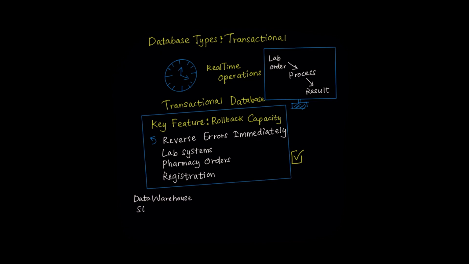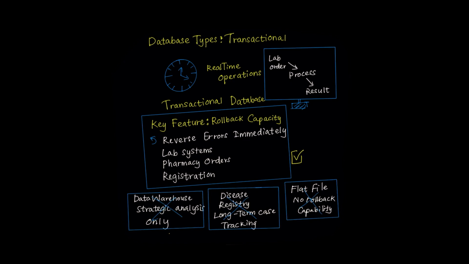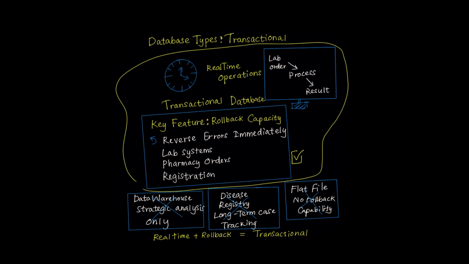They're designed for huge data storage from multiple organizations for strategic analysis, not for real-time operations. Disease registries track specific cases over long periods for public health reporting, not for immediate operational transactions. Flat file databases are simple single-table structures without the sophisticated features needed for real-time operations with rollback capability. Transactional databases are what keep healthcare operations running smoothly, minute by minute.